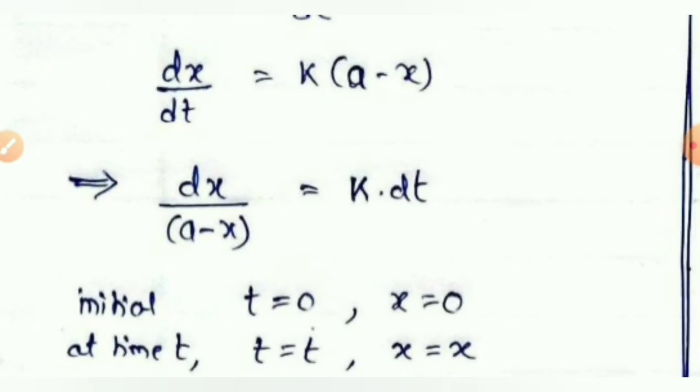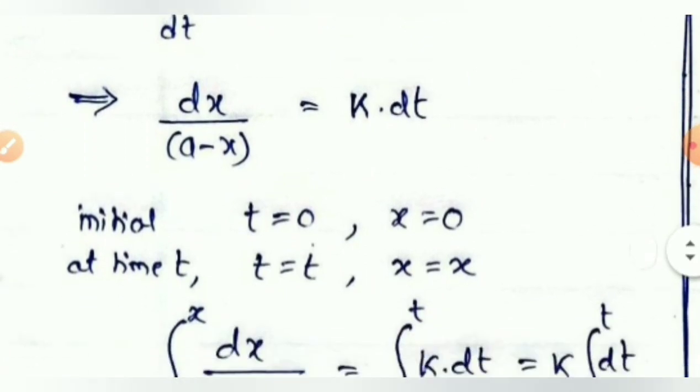Now we have to apply the integration, because this dx upon A minus X is a very small portion at time t, so we have to add such a number of portions. For that we have to integrate, or sum, such small portions, and for that we have to apply the limits.